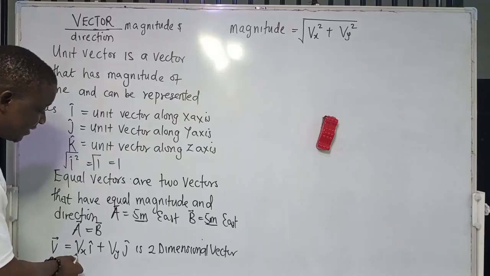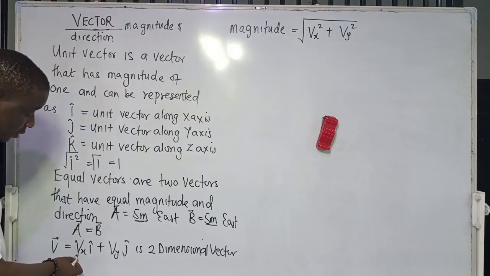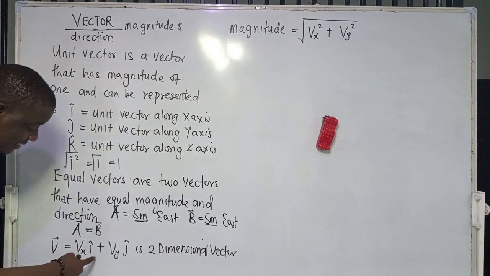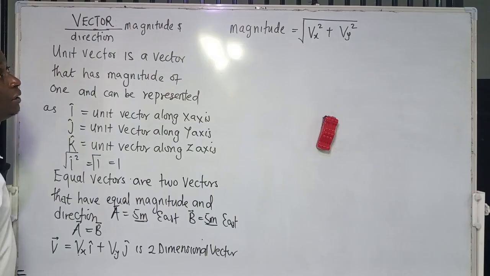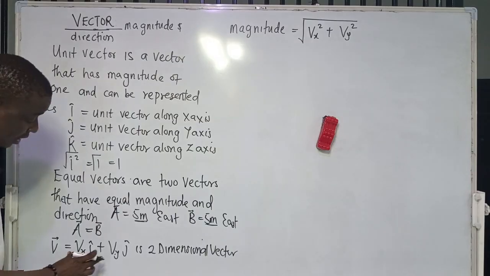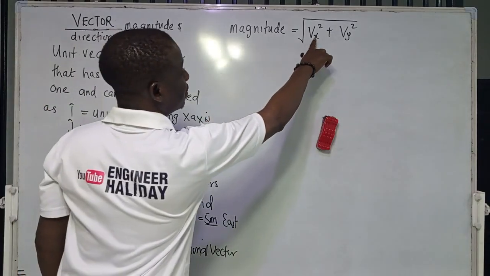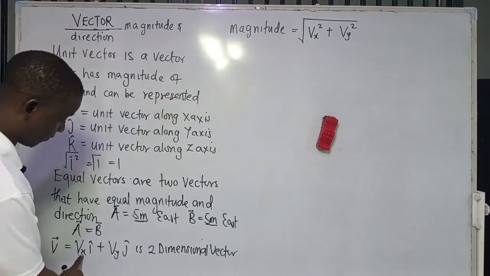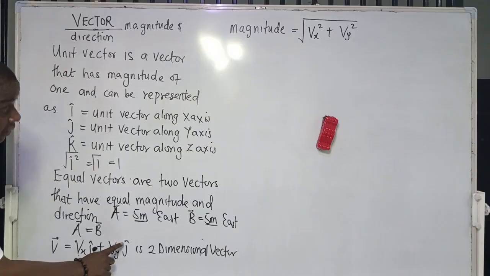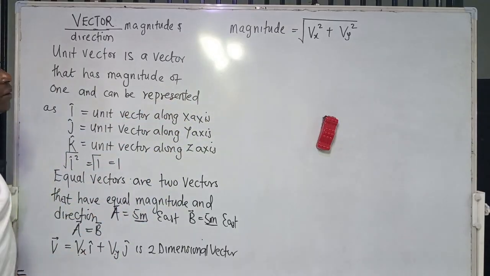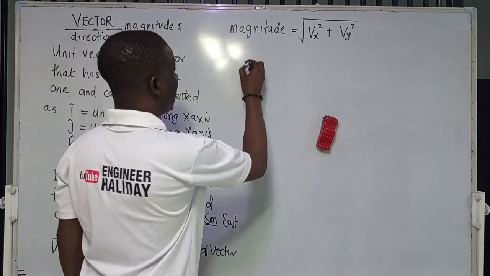This is the coordinate form of the vector form of representing, because this is the direction and all these ones are magnitude. So for us to find the magnitude, just take the Vx squared, then the Vy squared, take the square root of everything, and you get the magnitude.